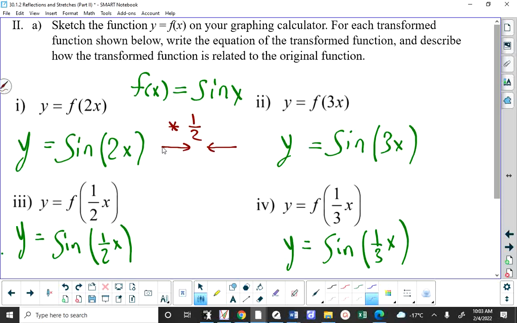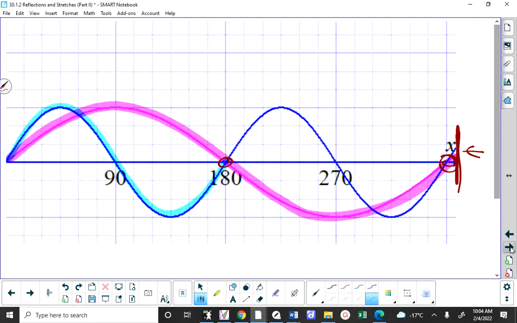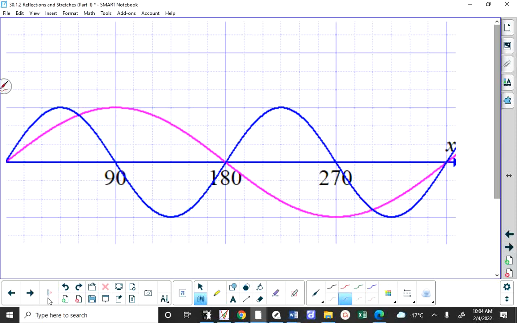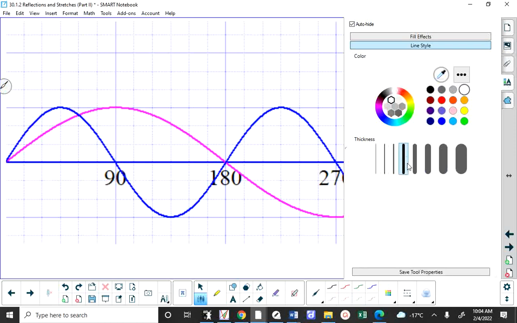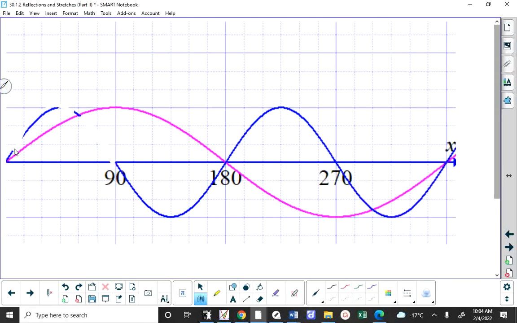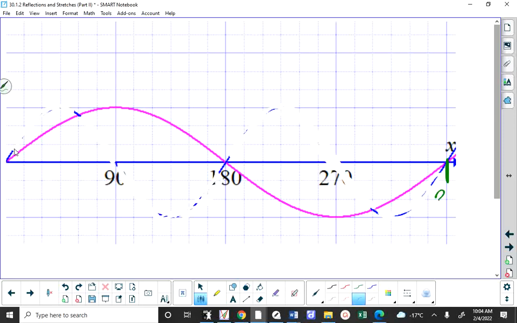Again, being creatures of learning from experience, we would suspect then that this will be stretched by a factor of 1/3. And if it is stretched by a factor of 1/3, then this point, which by the way is over at 360, should go over to 120, shouldn't it?